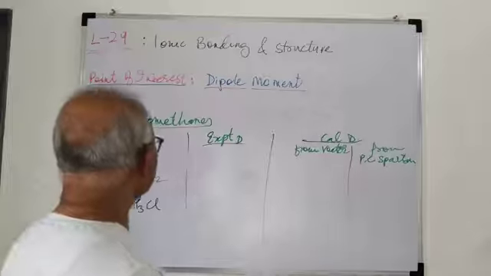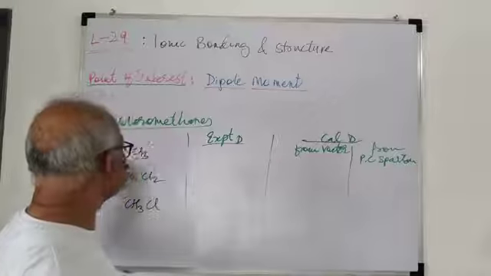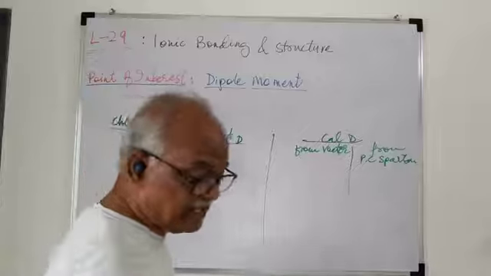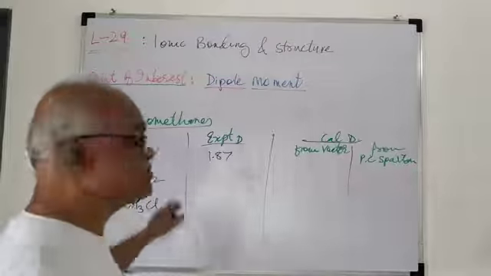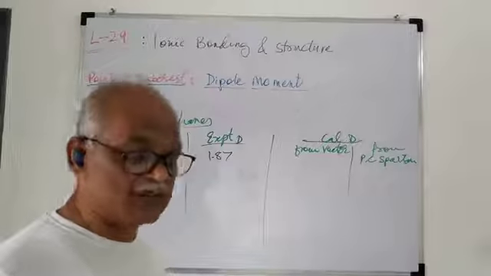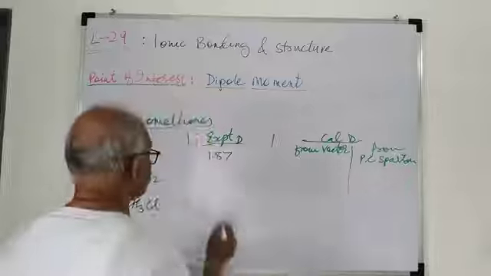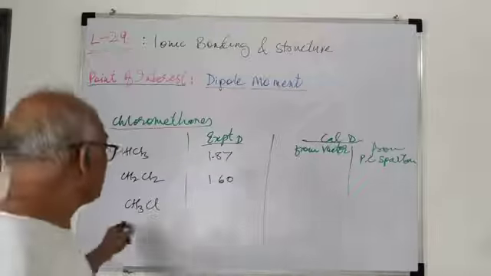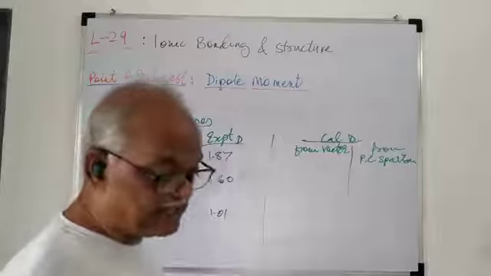The experimental value for CHCl3, which has 3 C-Cl polar bonds, is much higher, 1.87. In CH2Cl2, there are 2 C-Cl bonds, so the value is relatively smaller, 1.60. In CH3Cl there is only one C-Cl bond, so the dipole moment is 1.01, much less.